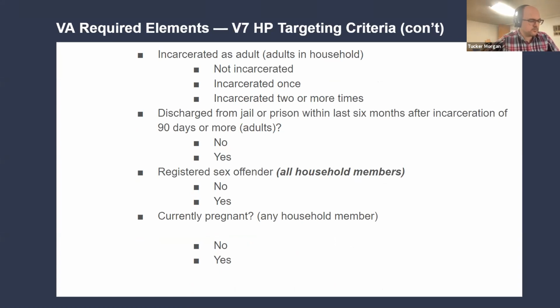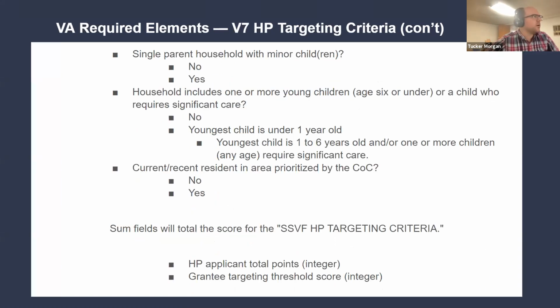And are any household members pregnant? More on this. Are they a single parent household with minor children? Do they have any children under 6 that require significant care? Are they a current resident in an area that's prioritized? And then it will create a score for SSCF homeless prevention targeting criteria.